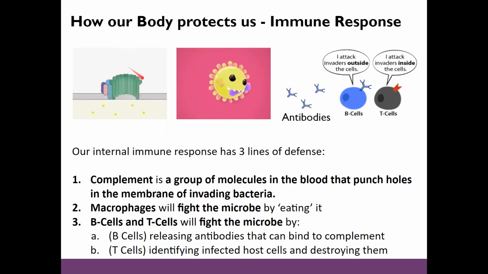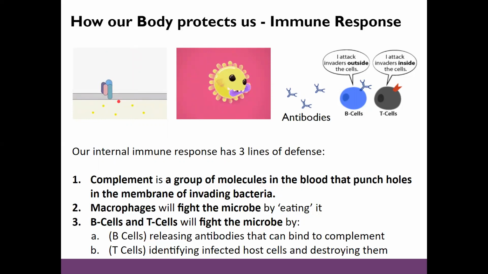Now, the first line of defense is the complement, which is a group of molecules in the blood that punches holes in the membrane of invading bacteria. That's really important. Make a mental note. It is the complement that punches holes in the membrane of invading bacteria.